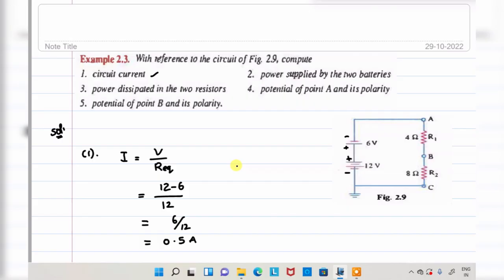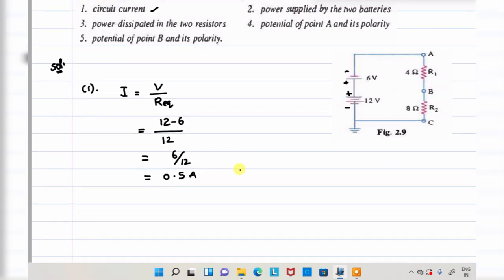What about the power supplied by the batteries? So second bit, power supplied by the batteries. See here, it is a 12 volt, it is a 6 volt. 12 volt is the highest potential, but polarities are oppositely connected. Whenever oppositely connected, definitely this battery supplies whatever current is charged or consumed by the 6 volt battery.